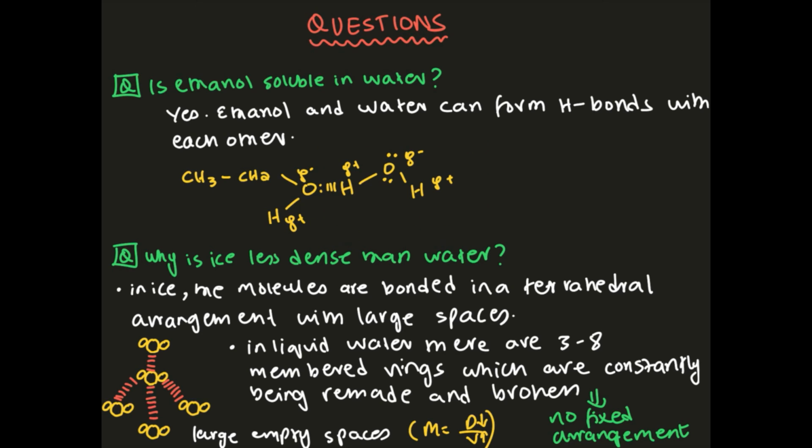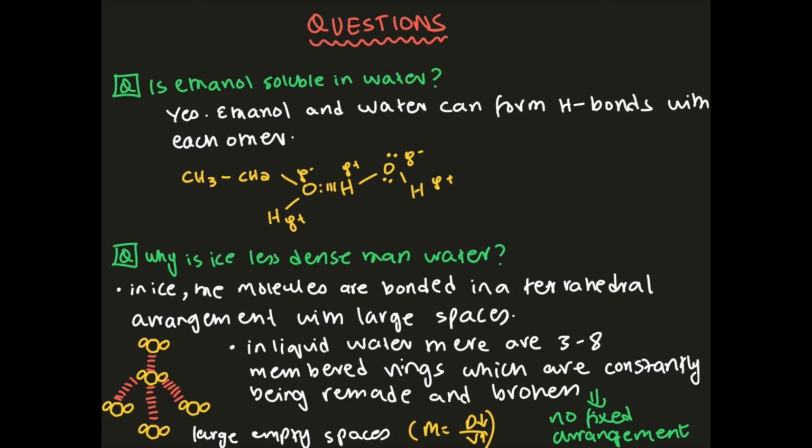So like we did in the previous slide, we're going to mark the lone pairs. And after that, we're going to put the partial charges on the oxygens and the hydrogens. And then we're going to make the dotted bonds. So this shows that ethanol and water can form hydrogen bonds with each other. And it reiterates the fact that ethanol is soluble in water.